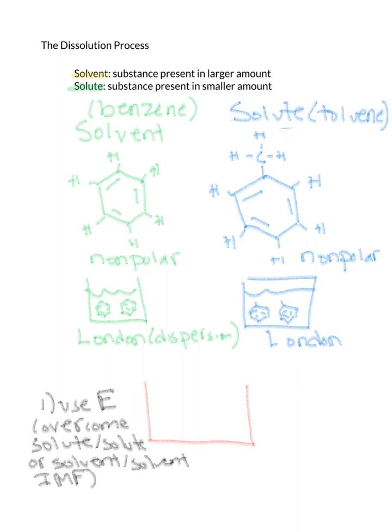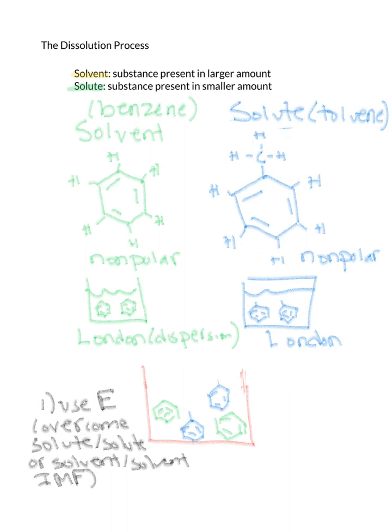Those benzenes have to be broken apart from one another. They have to be forced to spread out in my solution. Similarly, the toluenes have to be forced to spread out so that they're now distributed, right? A solution doesn't just concentrate all the benzenes in one corner and a toluene in the other. They're dispersed homogeneously within one another, so they're just all randomly dispersed. And to do that costs the energy of overcoming the interactions.